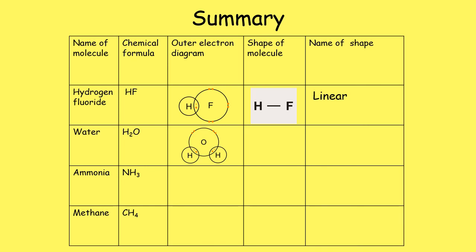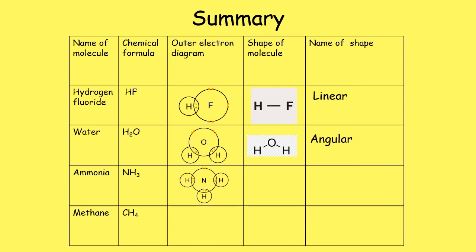With water, we have 2 hydrogens bonding with 1 oxygen. Each hydrogen has 2 electrons in its outer shell, and oxygen ends up with 8 electrons in its outer shell. If we're drawing the shape of that, we draw oxygen at the top of a triangle and then 2 hydrogens coming away from it, and we describe that shape as angular.